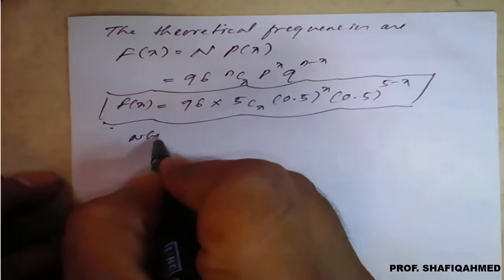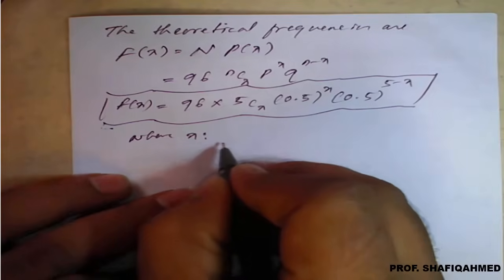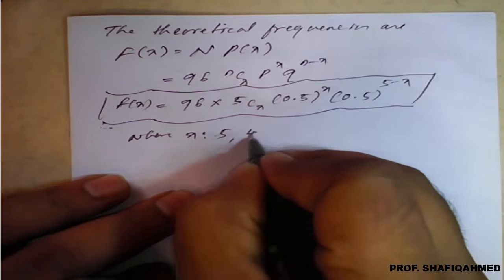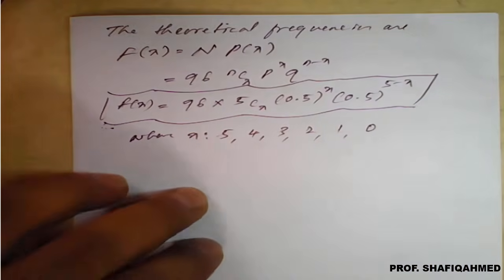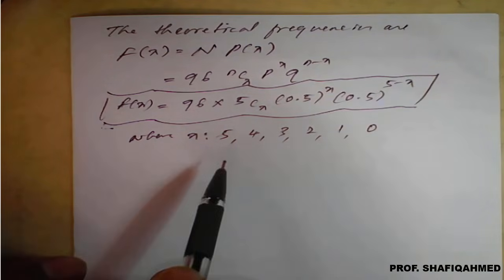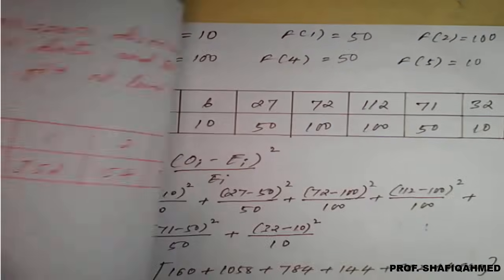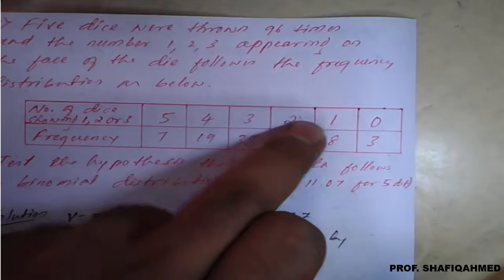Where x will take, as per the table only, 5, 4, 3, 2, 1, 0. We'll take as per the table only, because the table has started the value with 5. You just see the table value. So already we have seen, the table has values 5, 4, 3, 2, 1, 0.